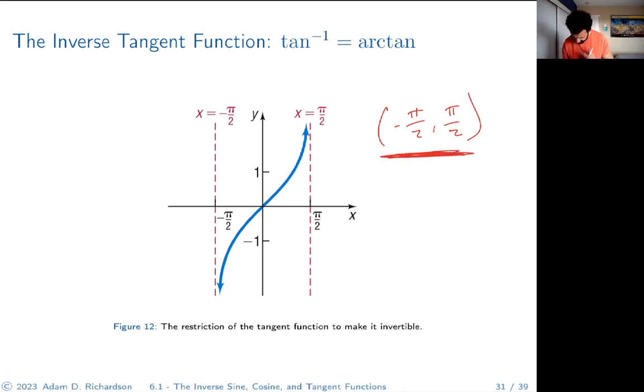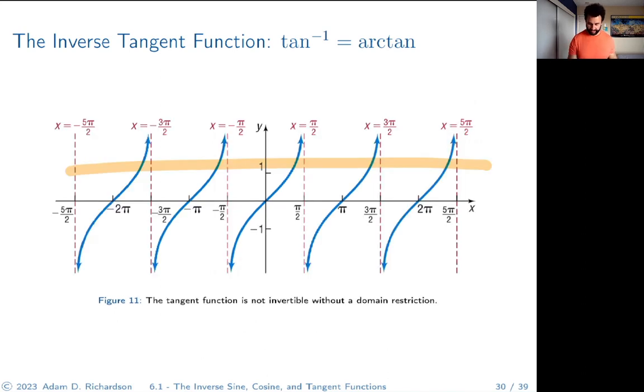I realize I didn't say it earlier, but I should say it now. The choices of restriction that we have are somewhat arbitrary. Tangent is a good example, it's easier to see. There's no law that says that we must restrict to this region.